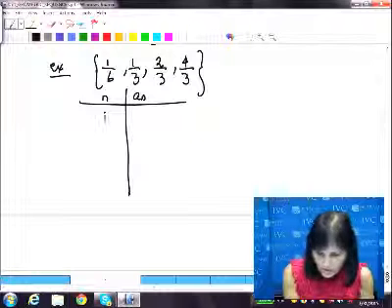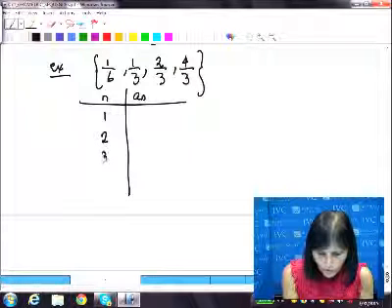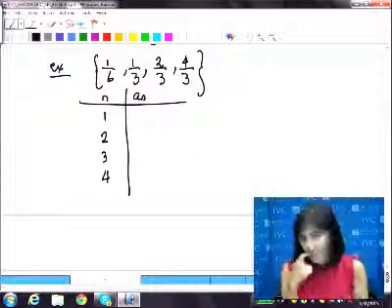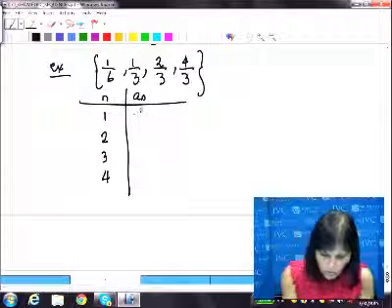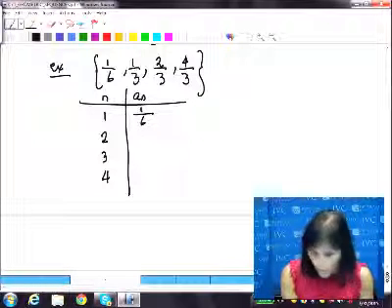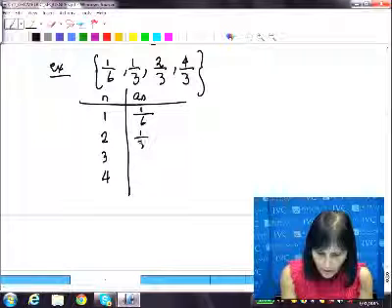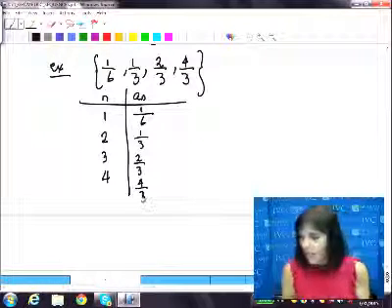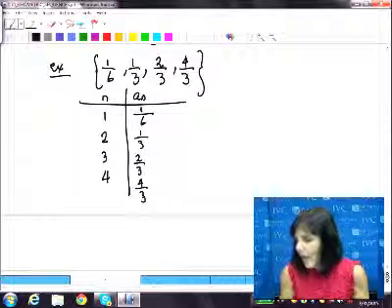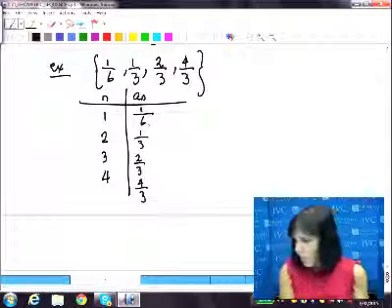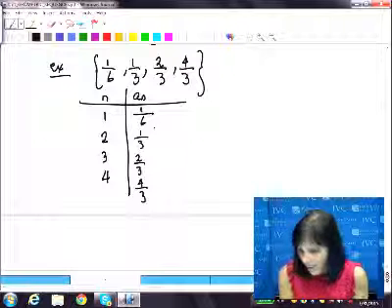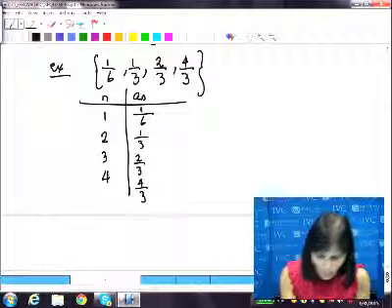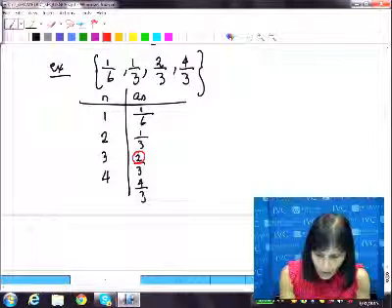So this is the first term, second term, third term, and fourth term. That's all they gave me, so I just put this down: 1/6, 1/3, 2/3, 4/3. So there's something with the 3, but then the first one is 1/6. But what am I doing here? And there's something with the 2 as well.